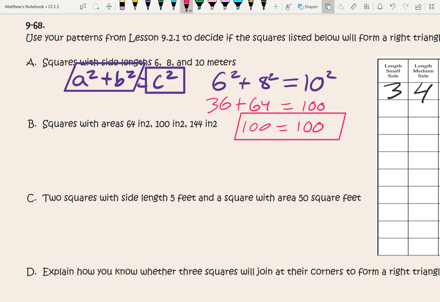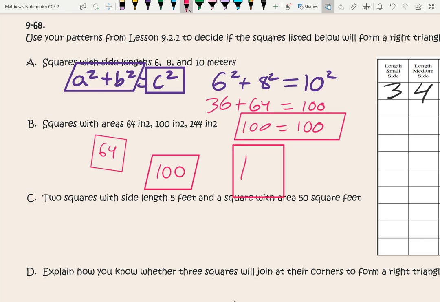And you could draw some diagrams to help you out. For example, in this next one, instead of writing it out like this, it's giving me what the square value is. So imagine I have a triangle created and I'm using the squares 64, 100, and finally 144.